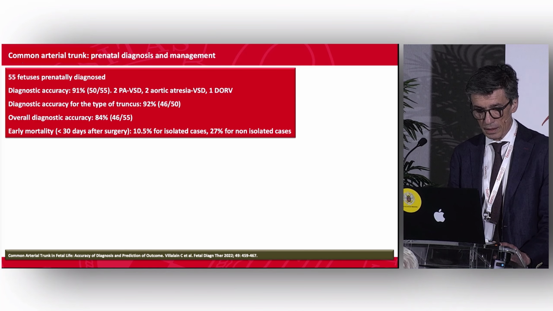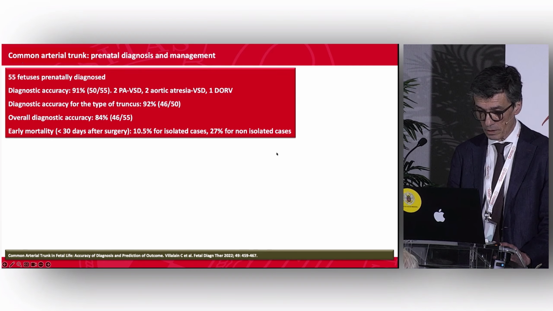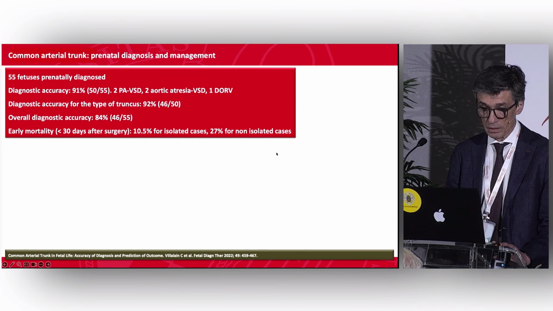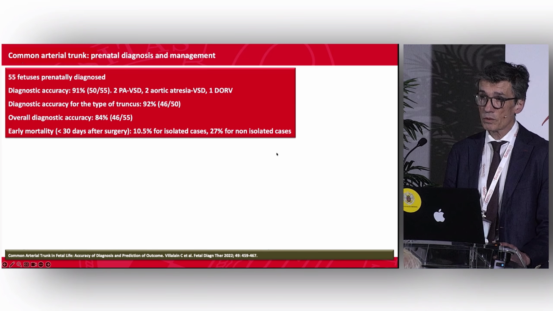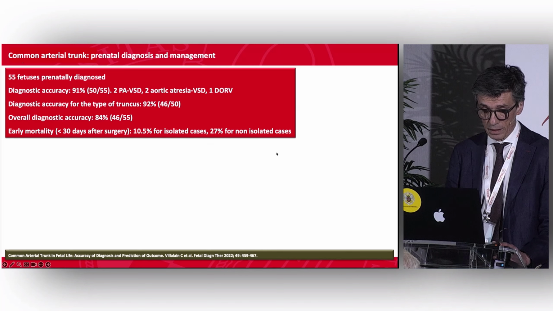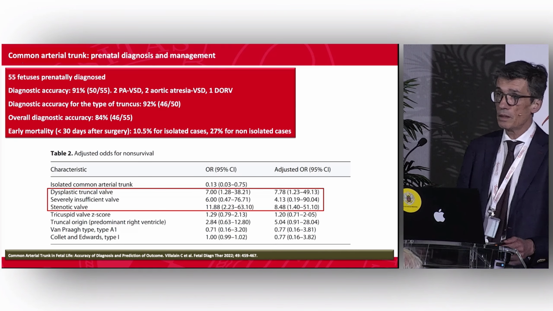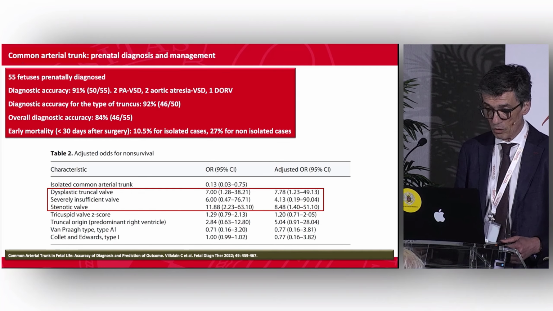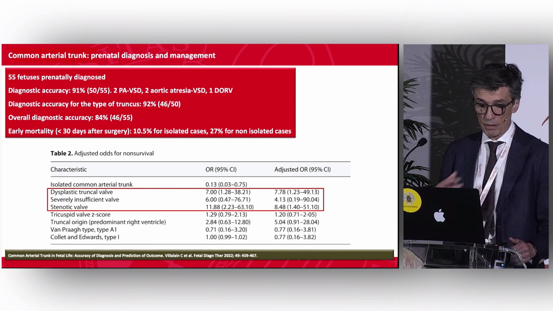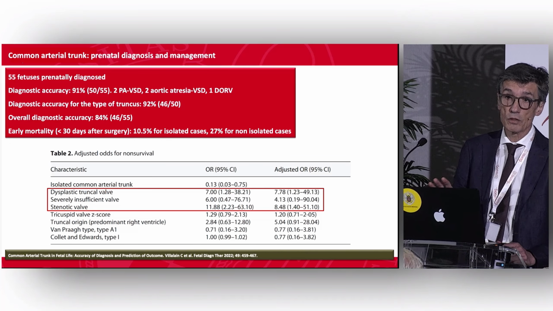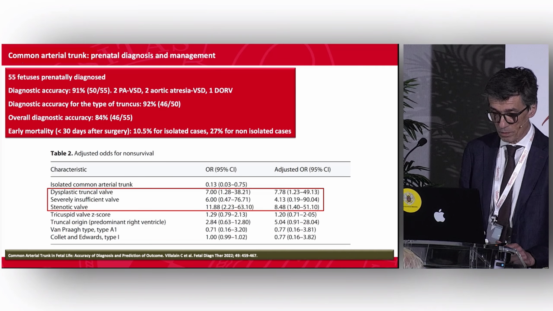Our early mortality, in our experience, was 10% for isolated cases, but rose to 27% for non-isolated cases. Looking at prognostic markers of mortality in isolated cases, we observed that the most important parameter to predict mortality, and this correlates well with the experience of other groups, was the anatomy and the function of the truncal valve.